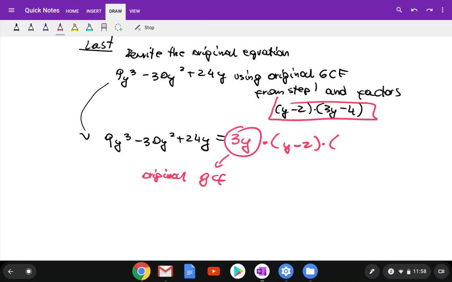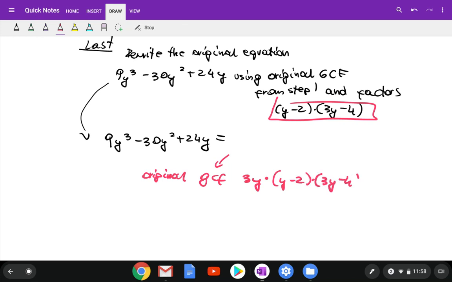Not sure why it doesn't allow me to put it here. Original GCF, so let's just put it. So which was 3y times y minus 2 times 3y minus 4. That was the original GCF.